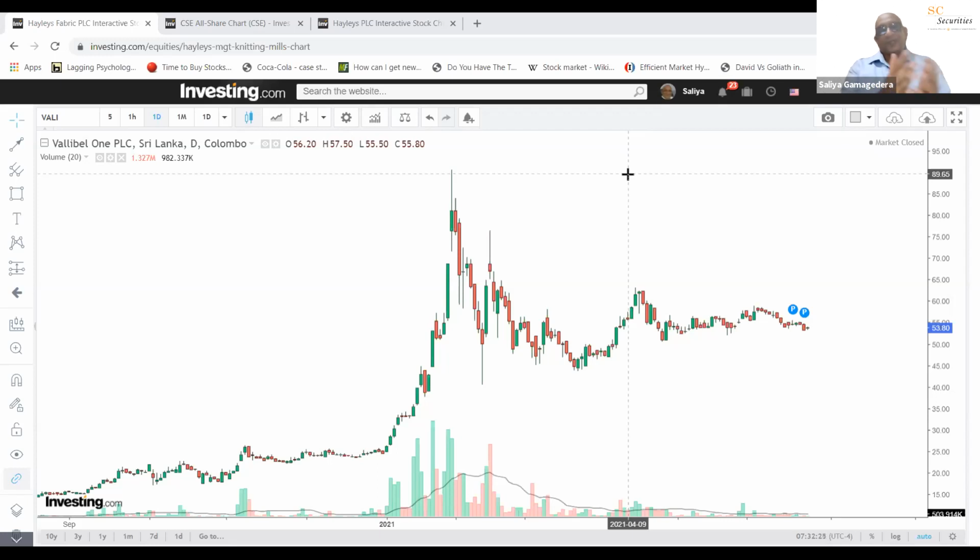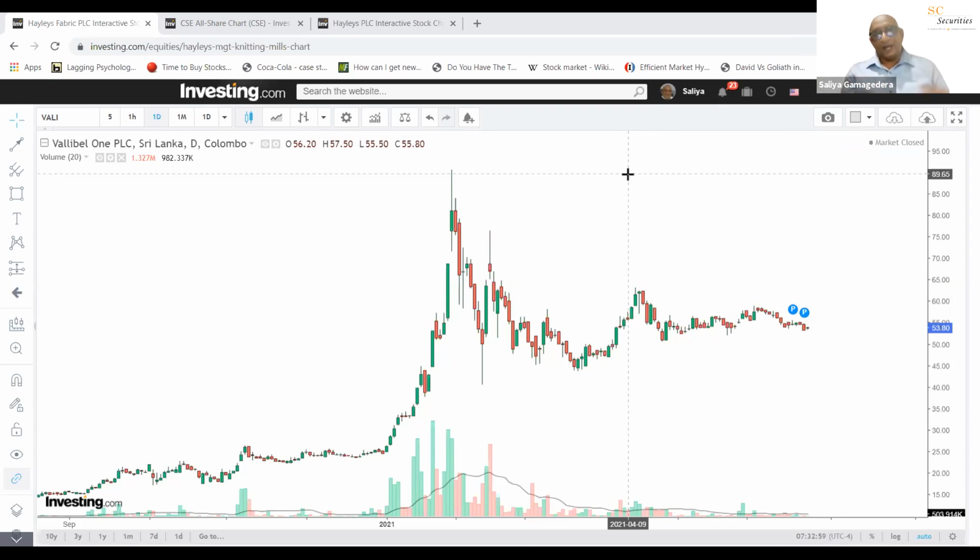Now, in a wave, we first of all need to identify the two starting points. In a wave, you have two starting points. If it is an uptrend, the starting point is the lowest level. The ending point will be the highest level.